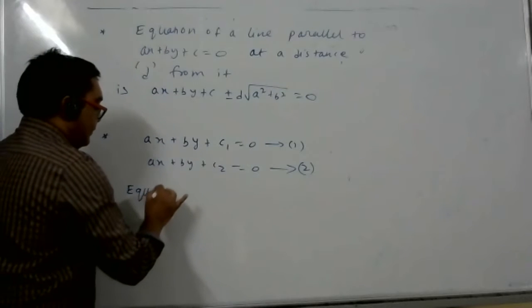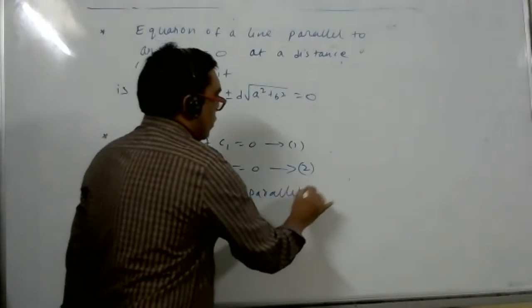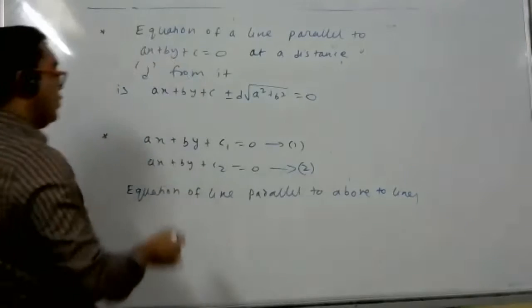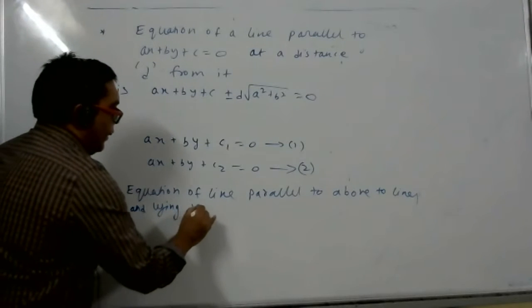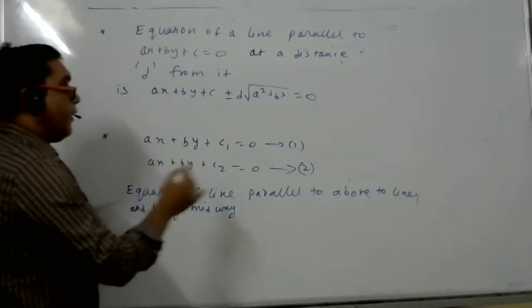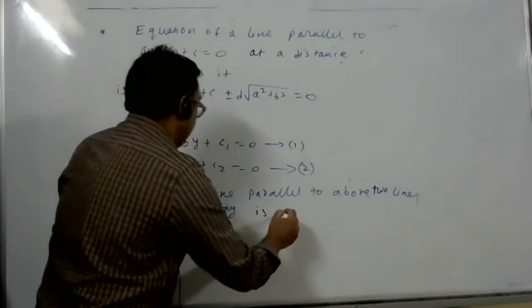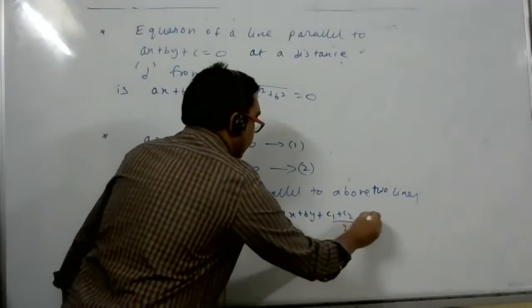Equation of a line parallel to the above 2 lines and lying midway is AX plus BY plus (C1 plus C2) by 2 is equal to 0.